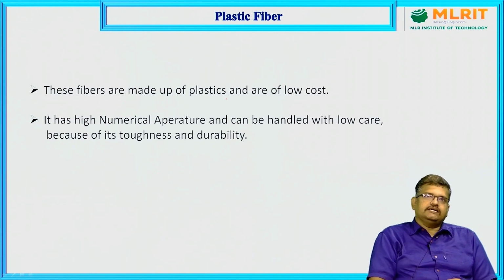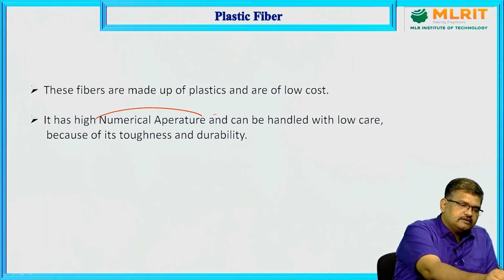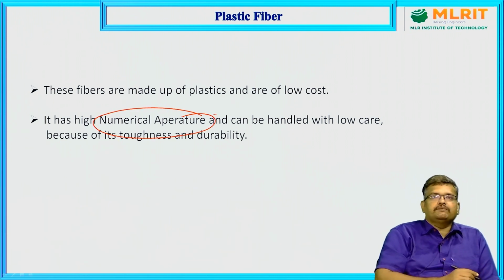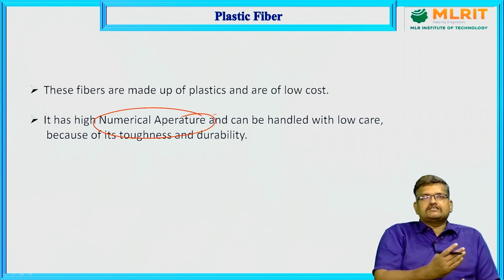Now you can see the plastic fiber. The plastic fiber is made up of plastic material, and it is very cheap. Another important thing in plastic fiber is that we have a high numerical aperture. So what is this numerical aperture?